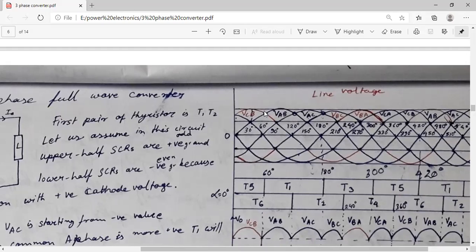Okay. So it ends at 60 degree, and from 60 degree it is VAB connected. Now after this 120 degree, VAC is there. So conduction of VAB is from 60 degree to 120 degree. Then from 120 degree to 180 degree, it is VAC. So 60 degree to 180 degree, these two are conducting, VAB and VAC.